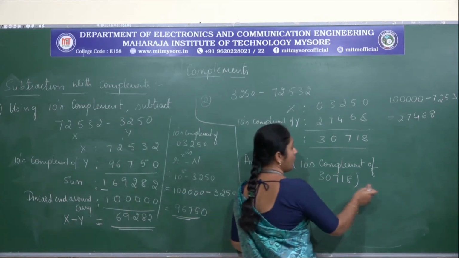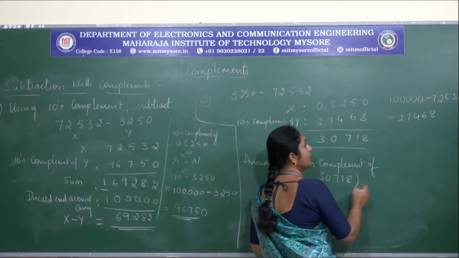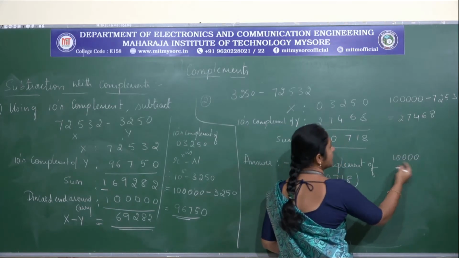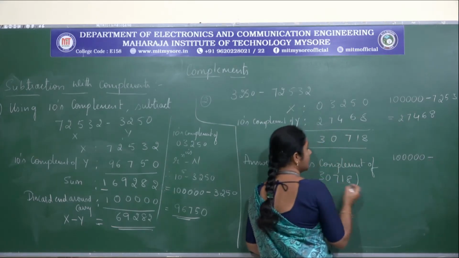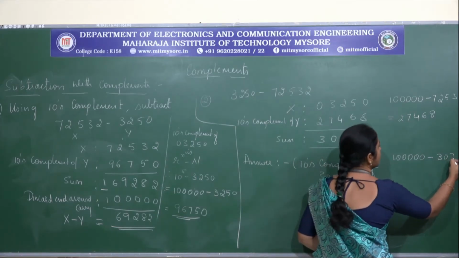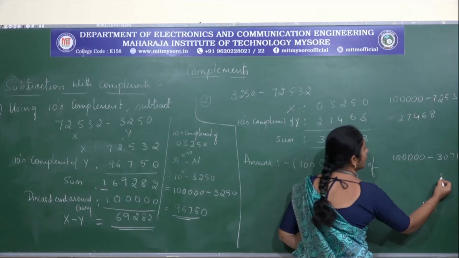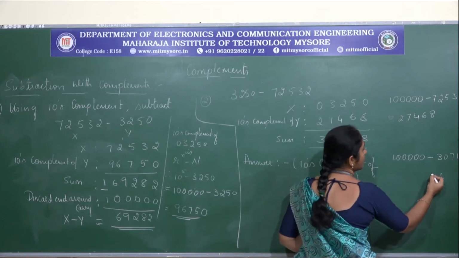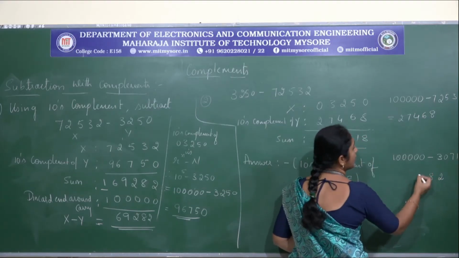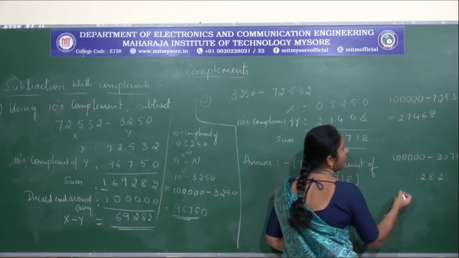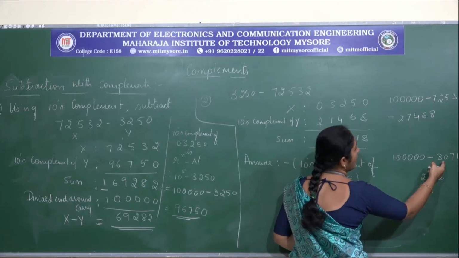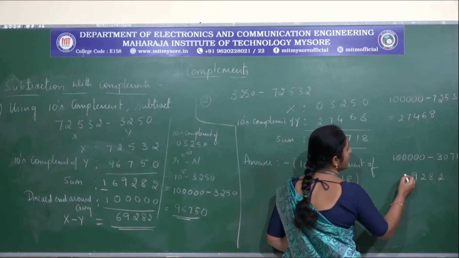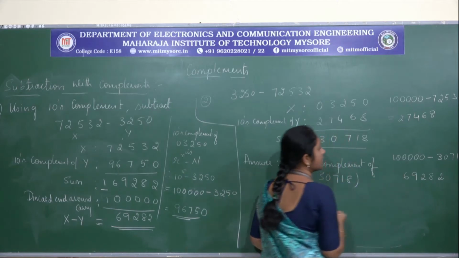So for the tens complement, what is the procedure? We have 5 digits here, so let us consider 10 power 5 minus 30,718 (sic). 2, next 9 minus 1 is 8, next 2, next we have 9 minus 0, 9, next we have 9 minus 3, which is 6.